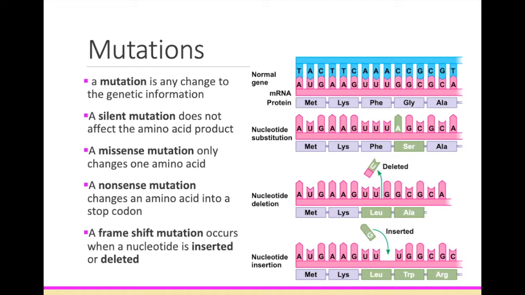So there are several different types of mutations. A silent mutation is a mutation that does not affect the protein product. So even though a piece of DNA was changed, the original protein is going to be the same as the mutated protein, because this usually happens when the mutation is in the third nucleic acid of the codon, because there are a lot of different codons that code for the same amino acid.